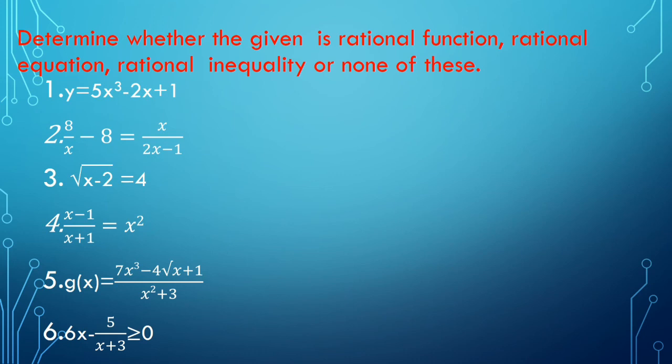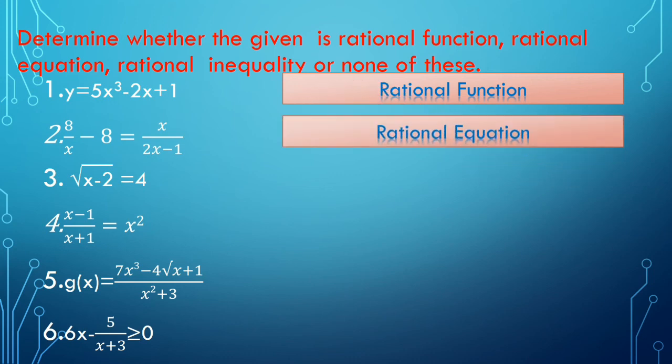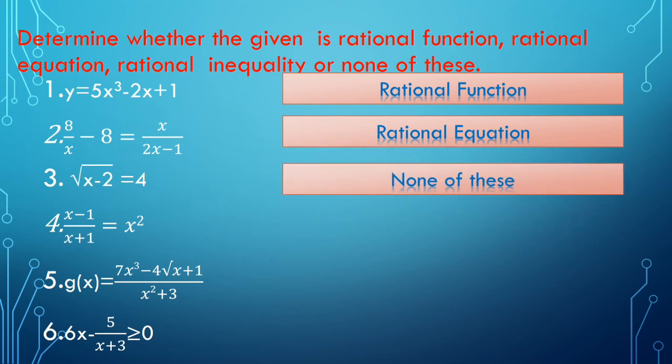Okay, let's check for number 1. That is a rational function because y is also equal to f of x. Number 2 is a rational equation. Number 3 is none of these because of the square root of x minus 2, which equals x minus 2 raised to 1/2.